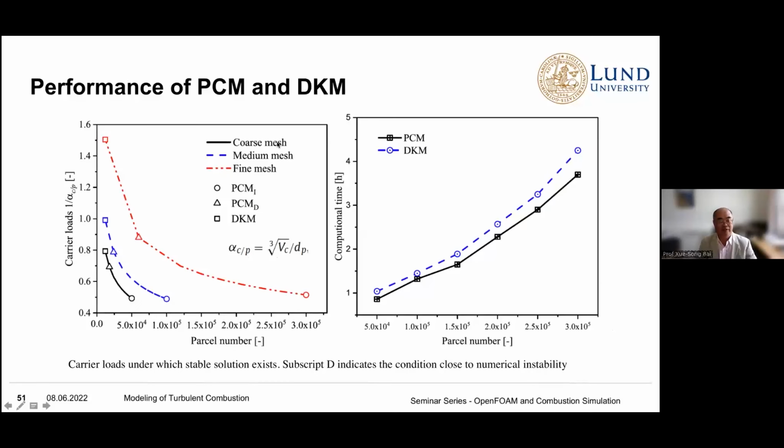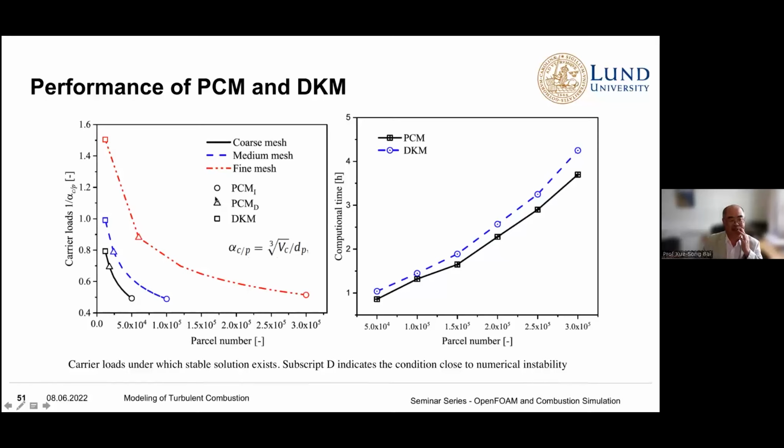I have a figure here that I'll try to explain, what we tested. With the fine mesh, we need to have more parcels, simply because then we have a lower particle load. If you use fewer parcels, then the local load will be high, and eventually it will diverge.